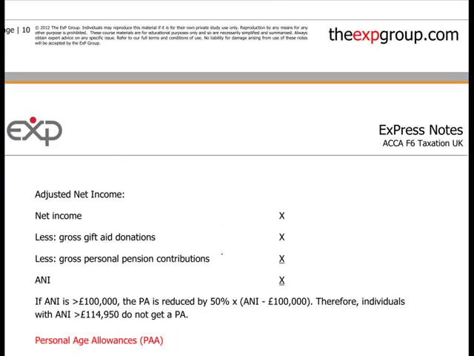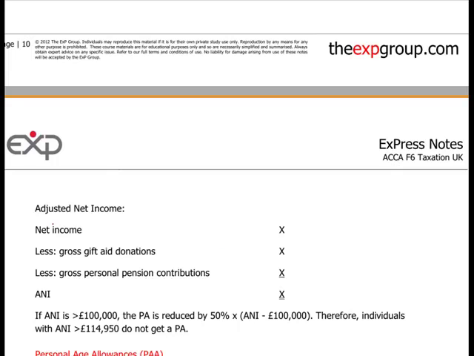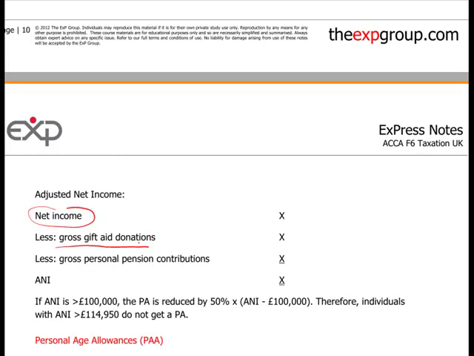How do you work out your ANI? Well, basically it's net income less gross gift aid donations, so gross again, but any gift aid that you do, and gross personal pension contributions, and that gives you your ANI. If ANI is greater than 100,000, the personal allowance is reduced by 50% times ANI minus 100,000. Therefore, individuals with 114,950 do not get a personal allowance.